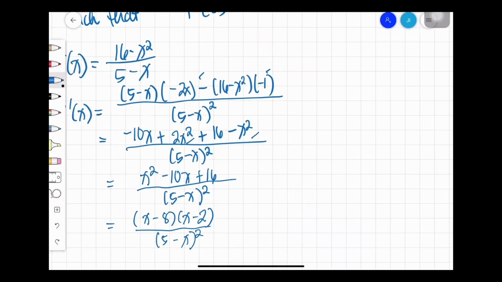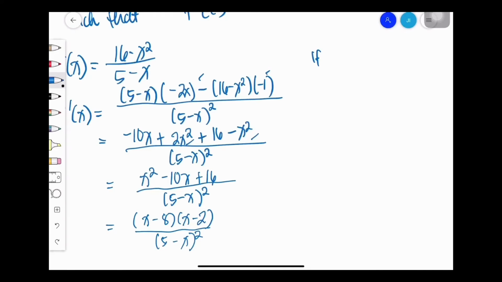Hence, if f prime of c is 0, if there exists a number c such that this is true, then c minus 8 times c minus 2 over 5 minus c squared is 0.